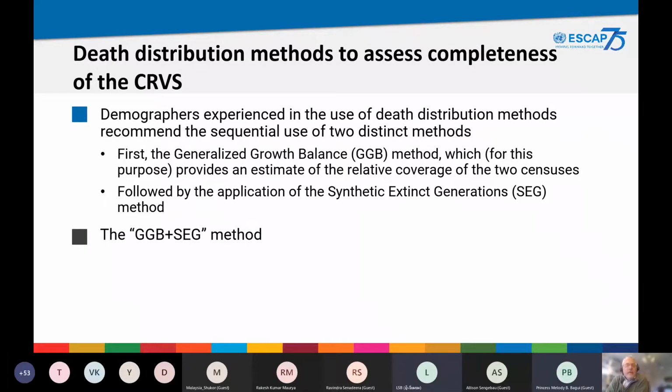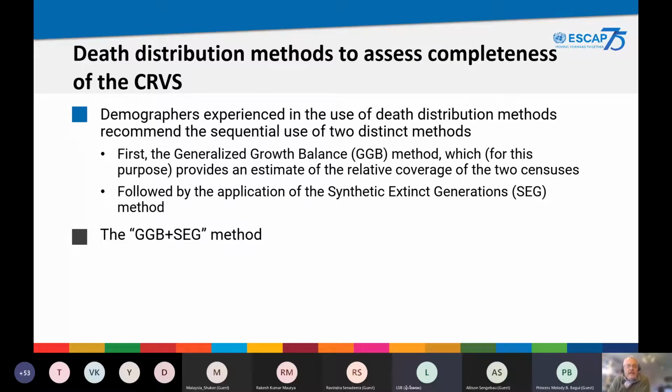But over time, demographers who specialize in working with adult mortality estimation in developing countries have largely converged on the recommendation that what should be done is that two of those death distribution methods should be used sequentially to estimate both adult mortality and the completeness of adult mortality registration.